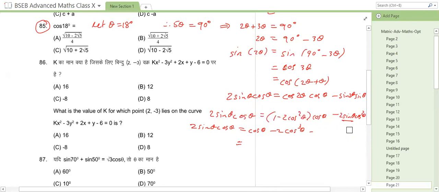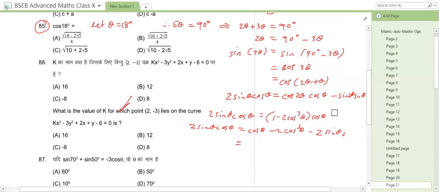Say minus 2 sine theta minus 2 sine squared theta. That's where the problem is. It should be 2 sine theta cos theta, so that should be minus 2 cos theta into sine squared theta.